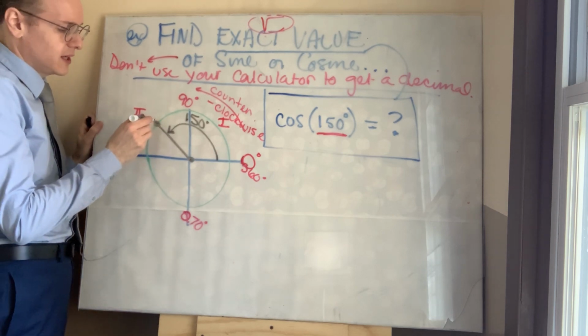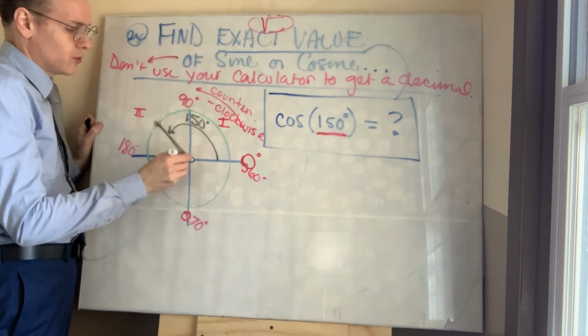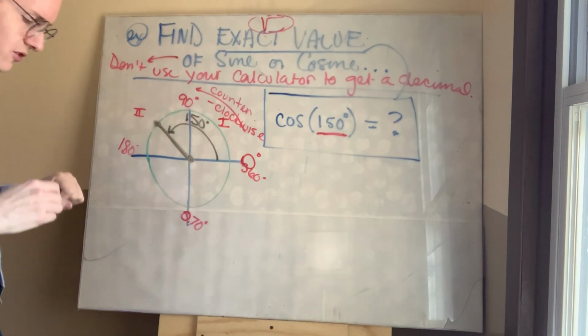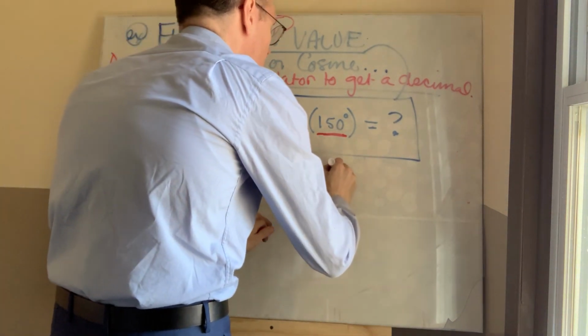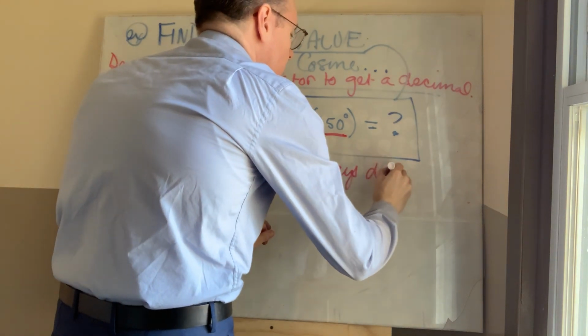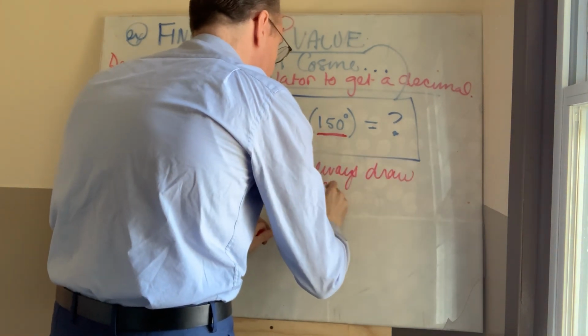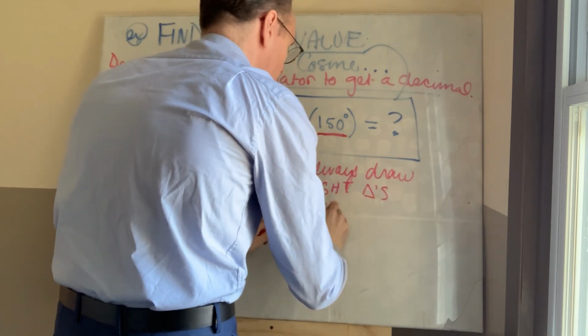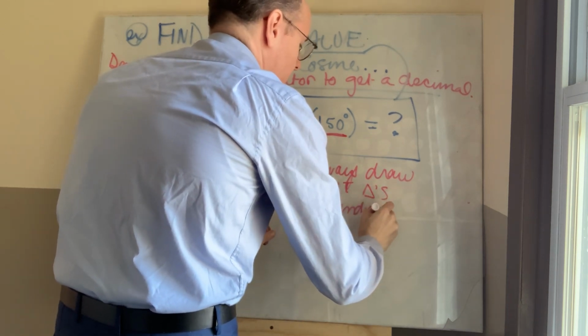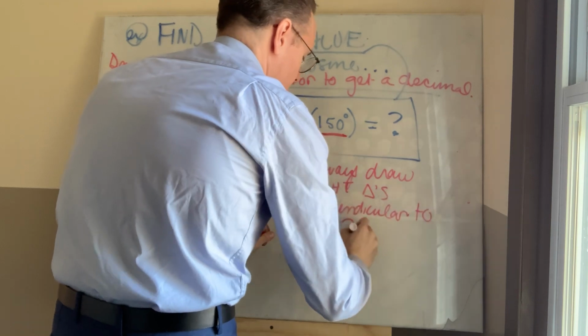But anyhow, look what we have. We have the beginnings of a right triangle. And just to re-emphasize the point from before, always draw right triangles perpendicular to what would be the x-axis.